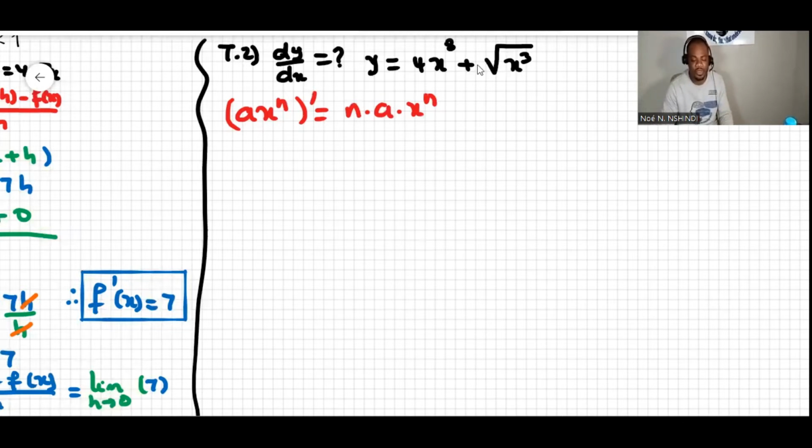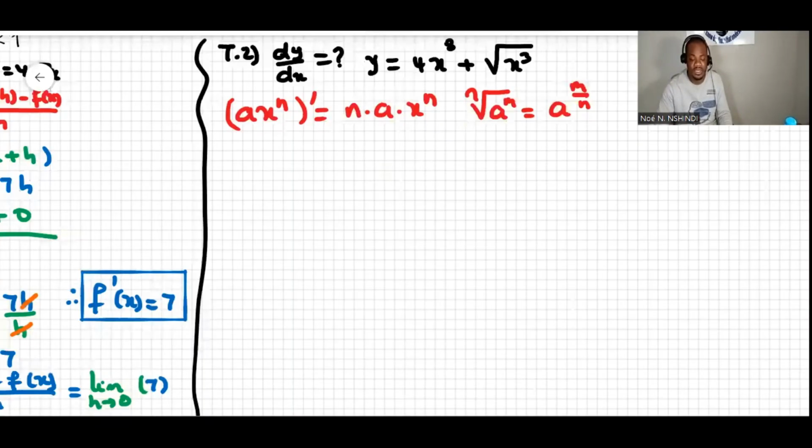For the square root here, we have a law that says the nth root of a to the m equals a to the power of m over n. We need to be careful when we don't see any index on the radical sign. This means the index is just 2.